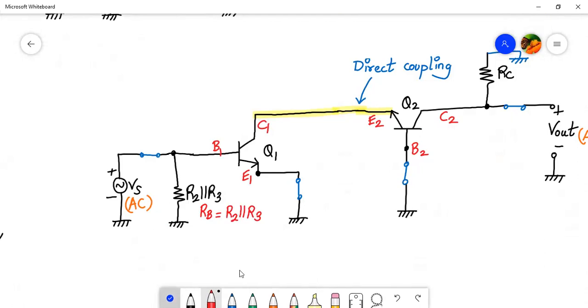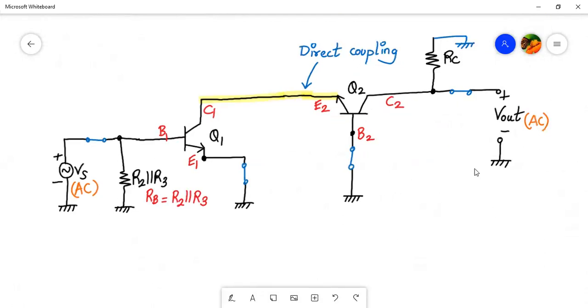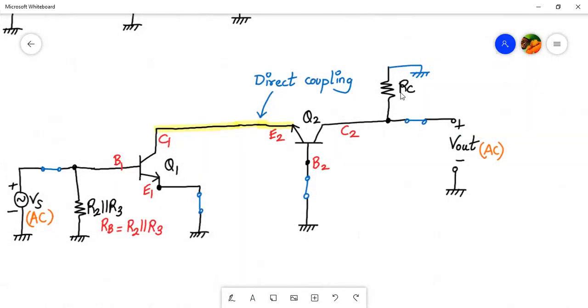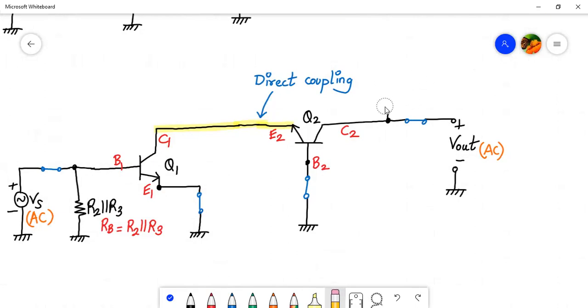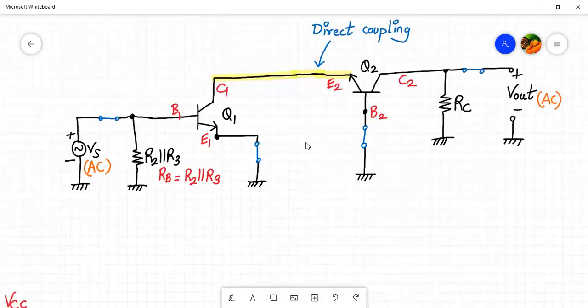So this is your modified circuit which we were looking for. And also for simplicity, this RC is connected above, we will connect it below. Let me just use an eraser. So instead of connecting at the top, we will be connecting it at the bottom over here. So this is the simplified AC equivalent circuit.